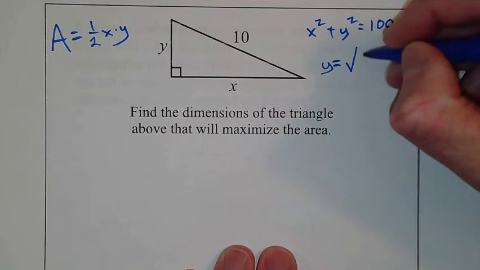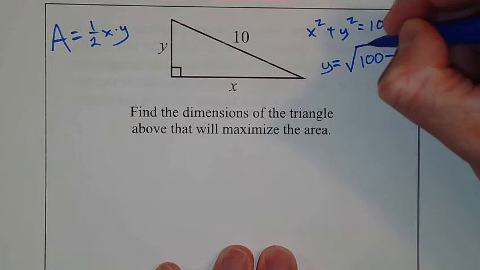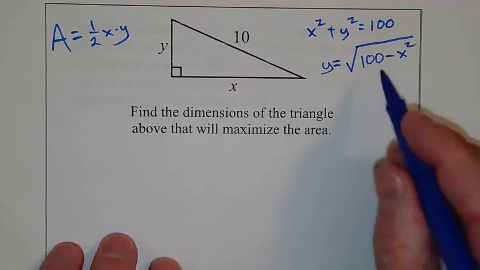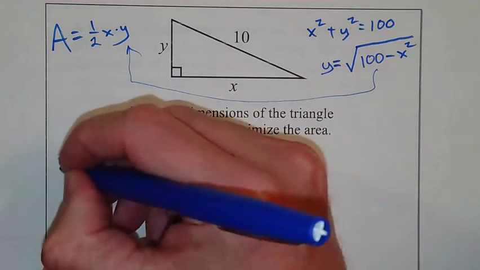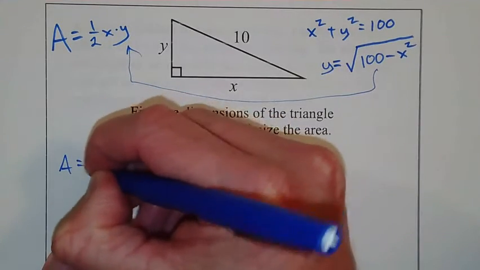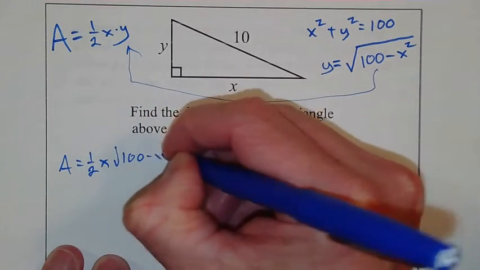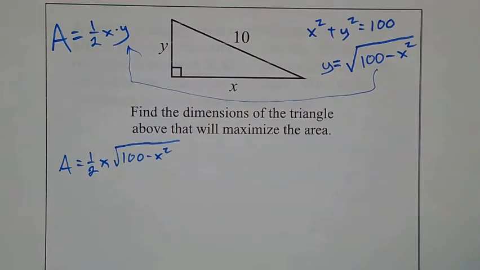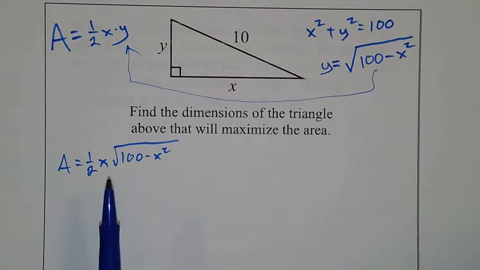So I'll only deal with the positive square root of 100 minus x squared, and then I'll plug that into my area equation. This gives me area equals 1/2 x times the square root of 100 minus x squared, which is area as a function of x. Sweet.